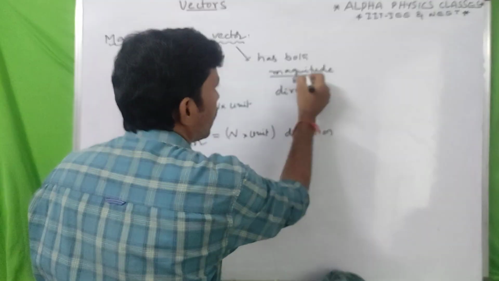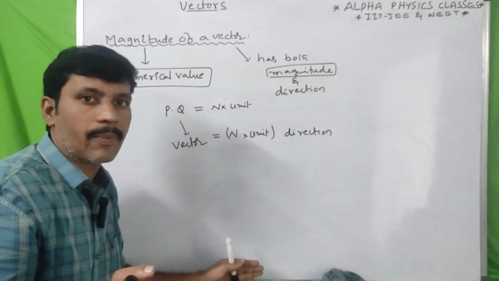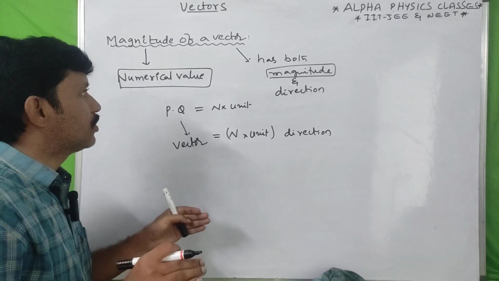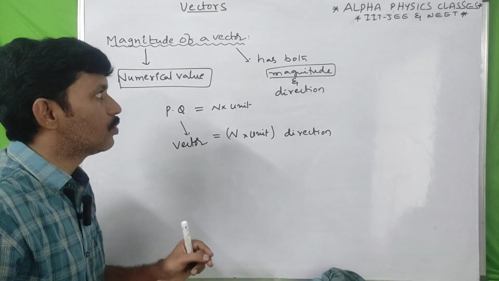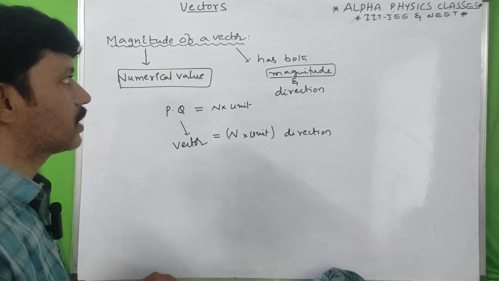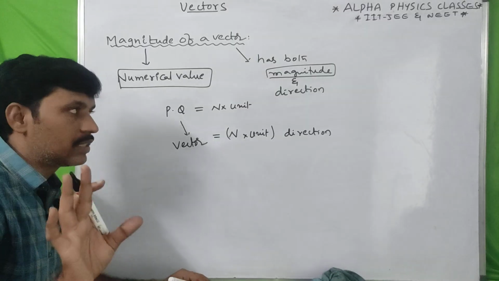So how to find the magnitude of that vector quantity? Now I am trying to make you learn how you can find the magnitude of a vector quantity. That is today's concept.